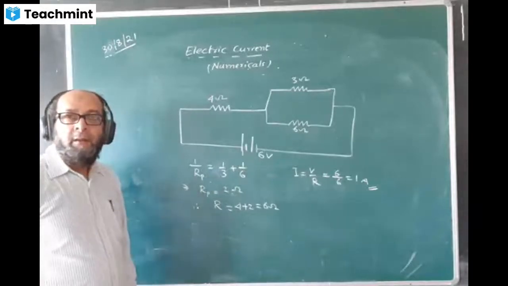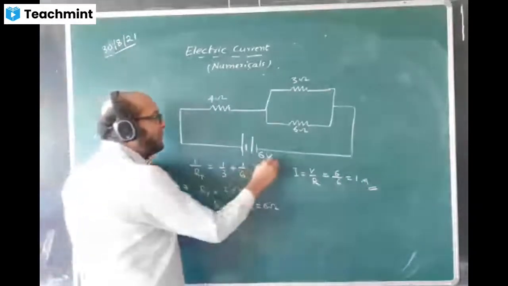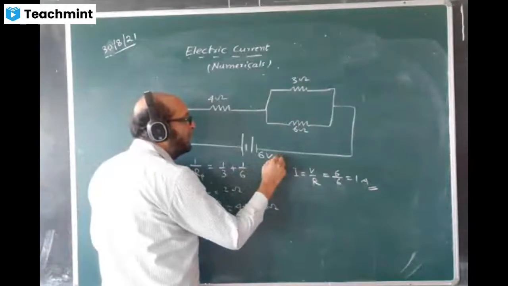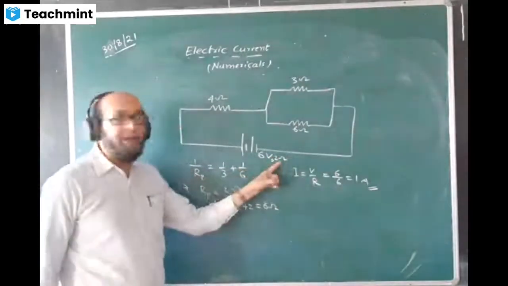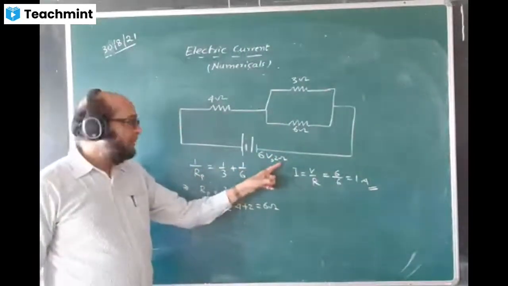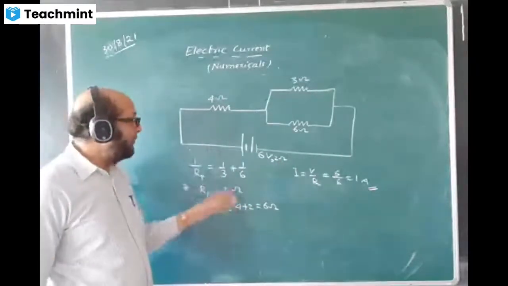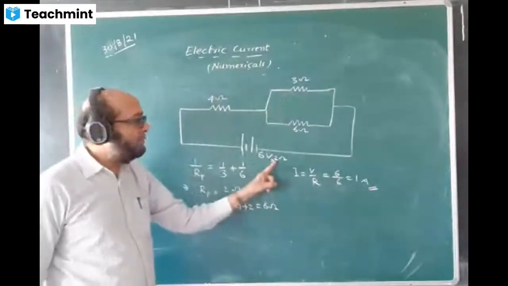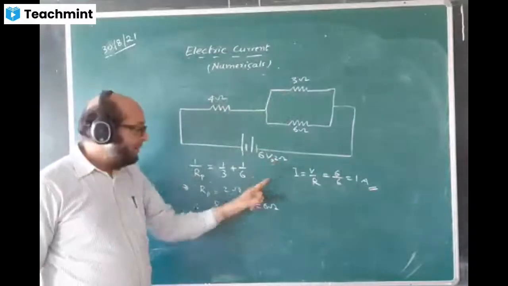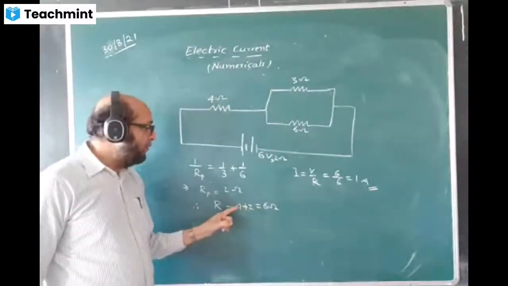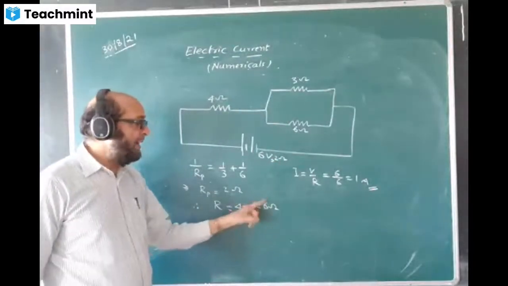Done. By chance, if they show one more resistance here, maybe 2 ohm, this is called internal resistance. Then the total resistance R will be 4 plus 2 plus 2, that is 8 ohm.